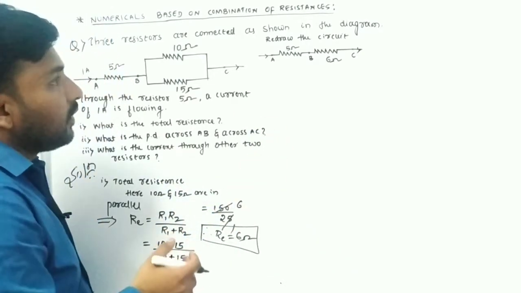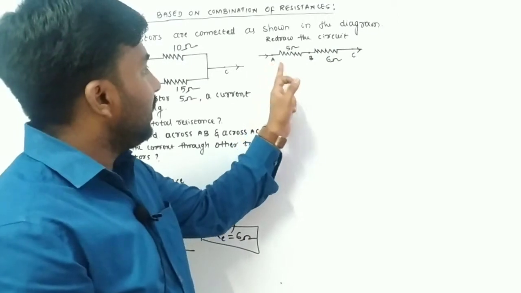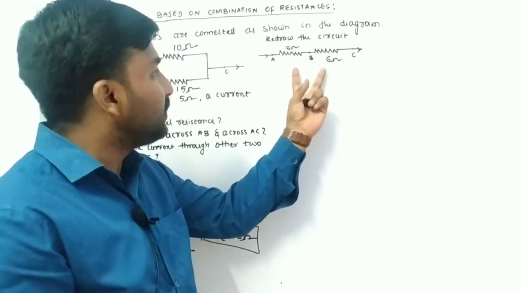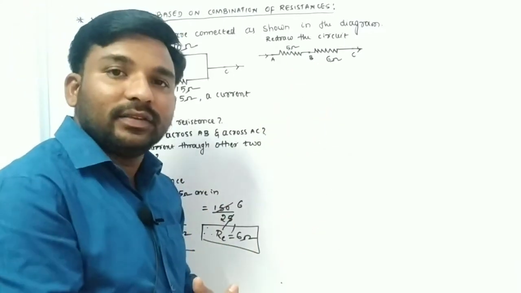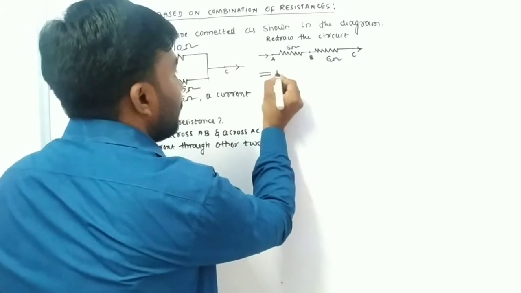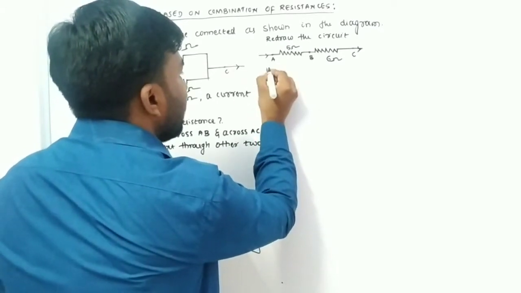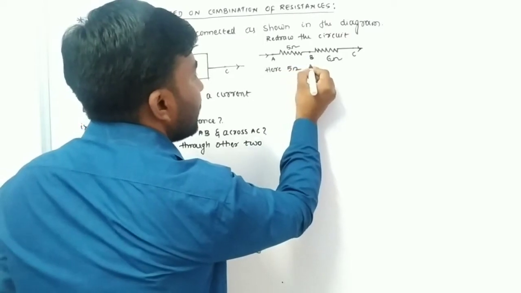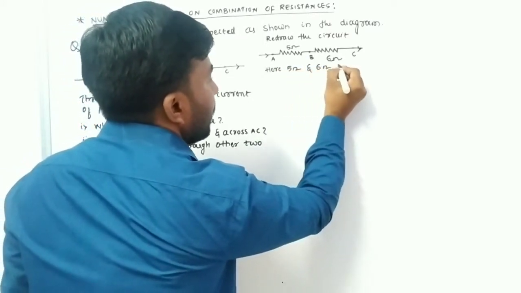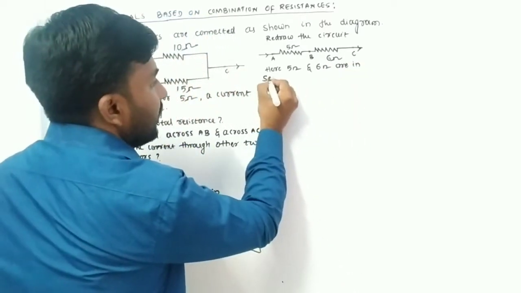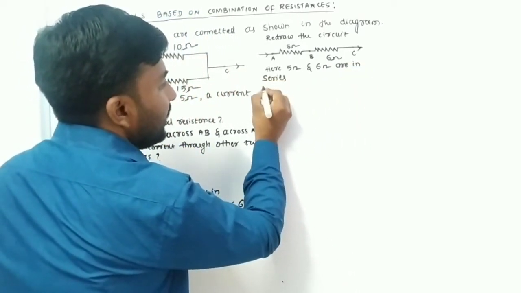Now in between the point A to C, we have two resistors, and these two resistors are in series combination. This implies that you can write here, 5 ohm and 6 ohm are in series.